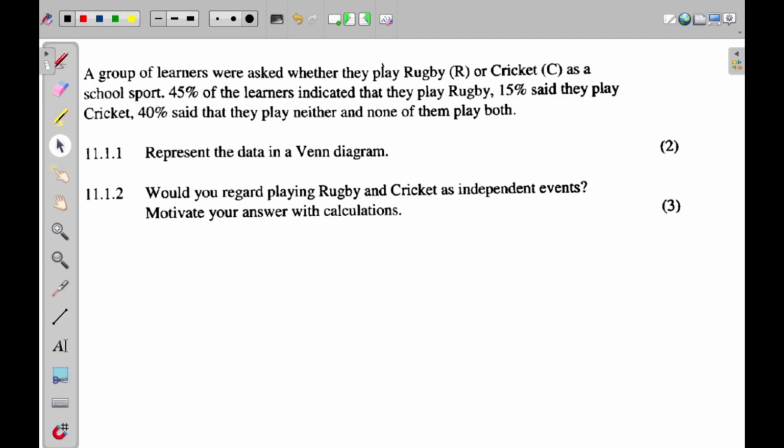Again, I challenge you. Try and see if you can set up a Venn diagram for this. And that Venn diagram must make sense. When you are done with the Venn diagram, next question. Would you regard playing rugby and cricket as independent events? By now you know the test for independency.